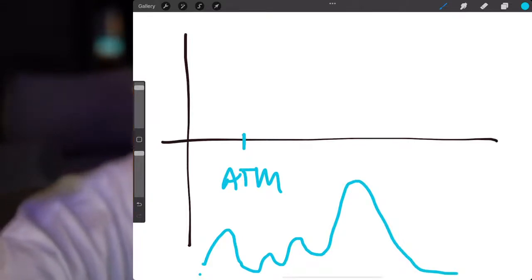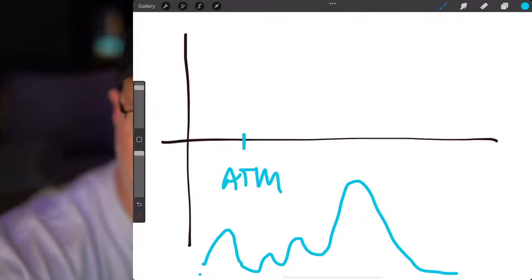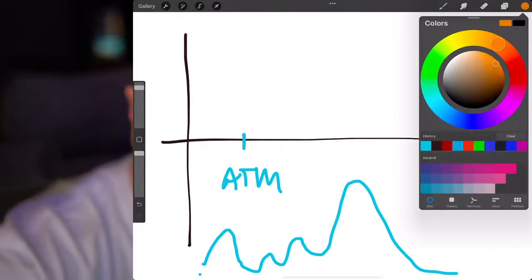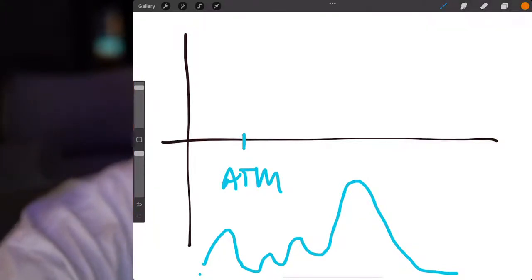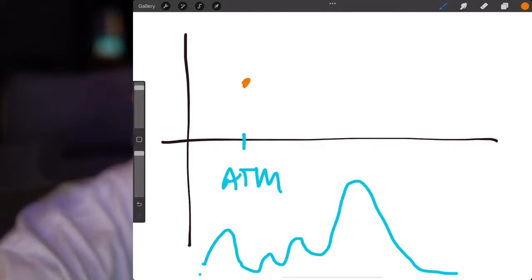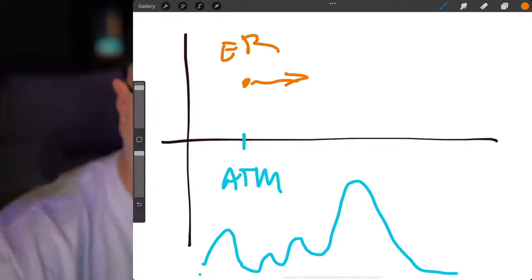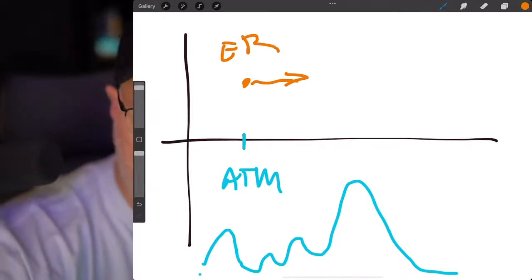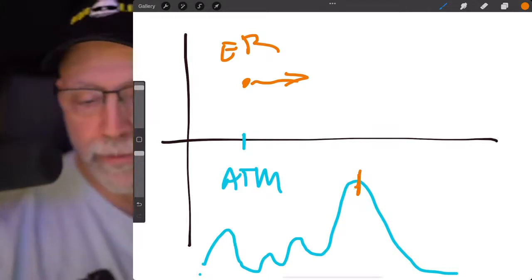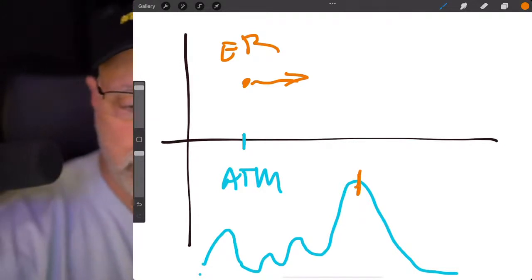And we think that price, you know, price is here, but we think that it's going to go in this direction because of some economic report. And so it's going to head towards this volume node, right?